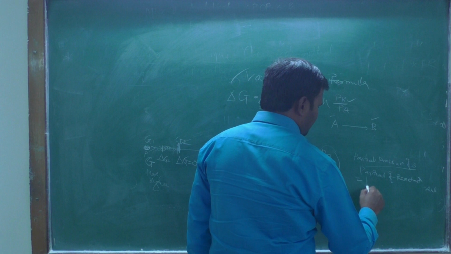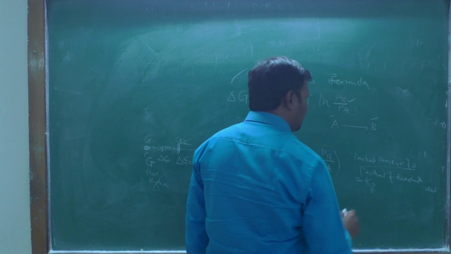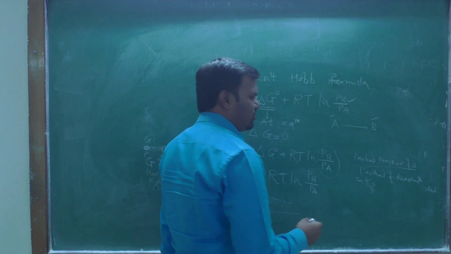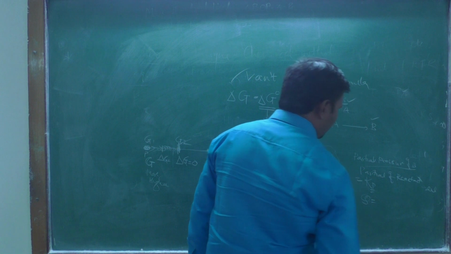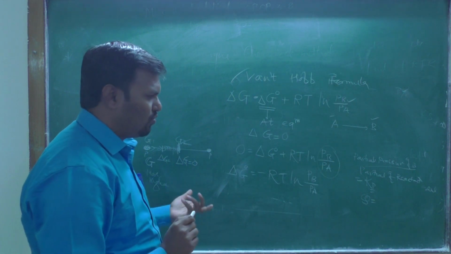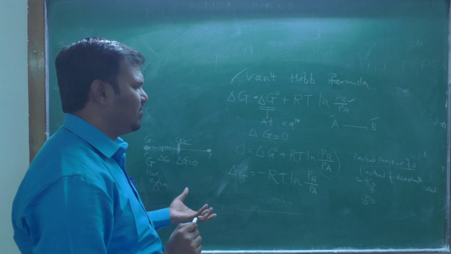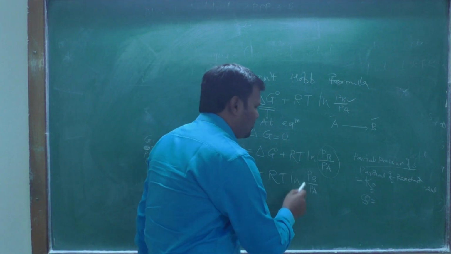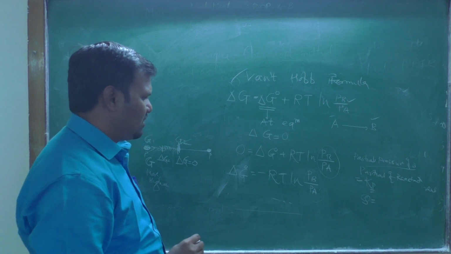This term we have studied is Kp, the equilibrium constant in terms of partial pressure, and this is equal to Q, the reaction quotient, at equilibrium.